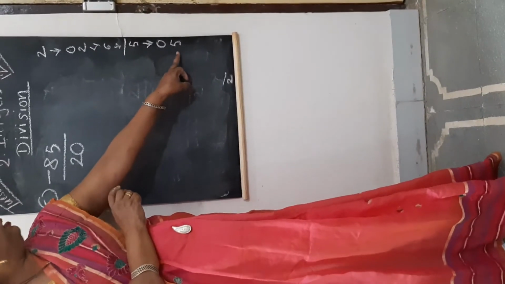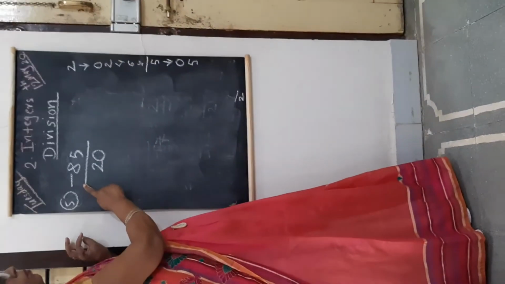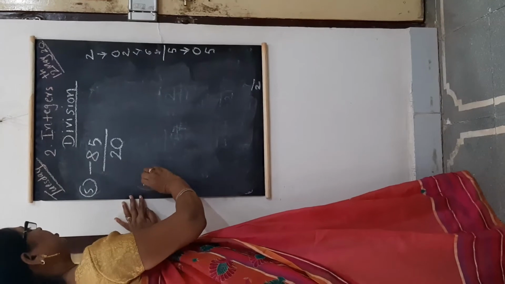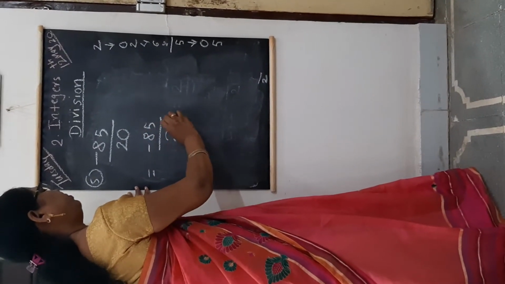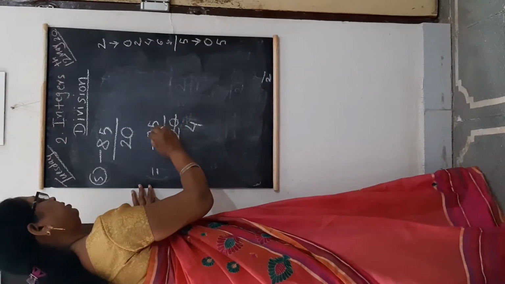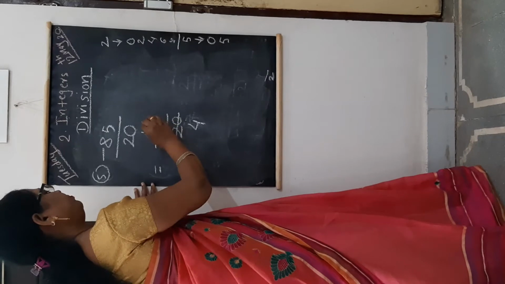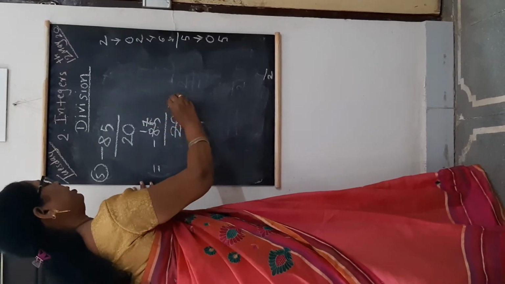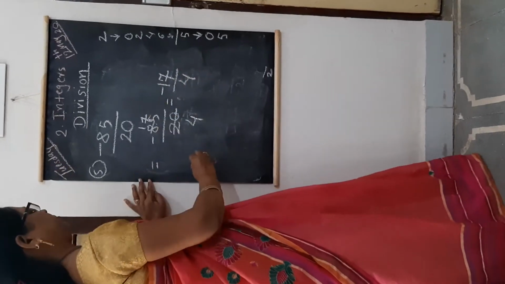When 0 or 5 is present at the unit place of the number, we can divide the number by 5. 5 fours are 20. 5 ones are 5, 3 remain here, 35. 5 sevens are 35. So the answer is negative 17 upon 4.